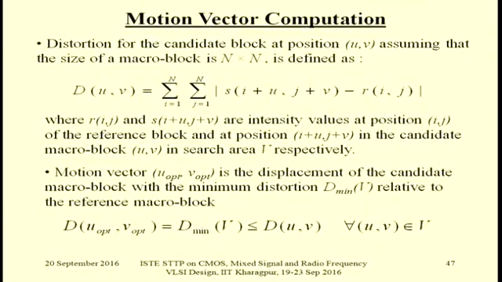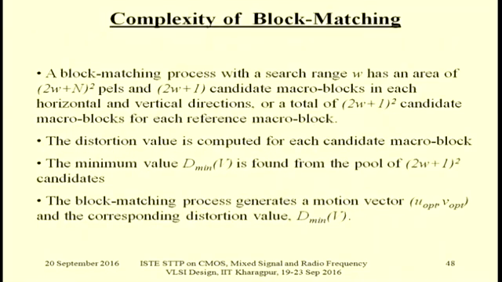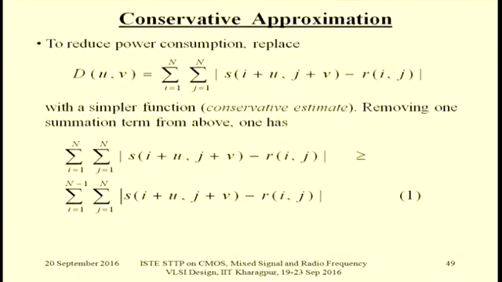Now, more importantly, let us come from the mathematical point of view to reduce power consumption. So this is the original expression. A double summation is involved. So assume that n equal to 16. Okay.